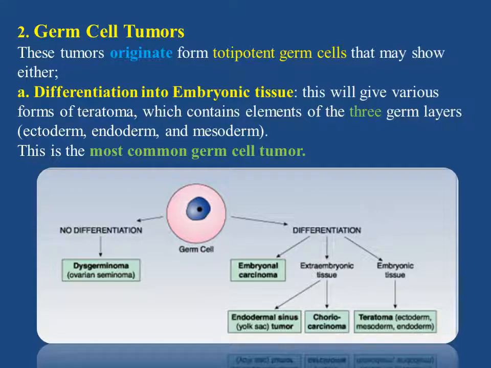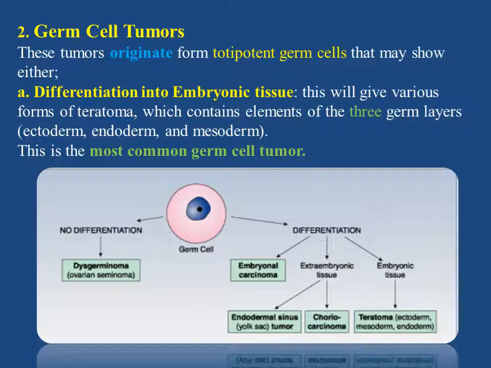This is the most common germ cell tumor. Or they undergo differentiation into extra-embryonic tissue like the trophoblast, giving rise to choriocarcinoma, or yolk sac tissue, giving the endodermal sinus or yolk sac tumor.